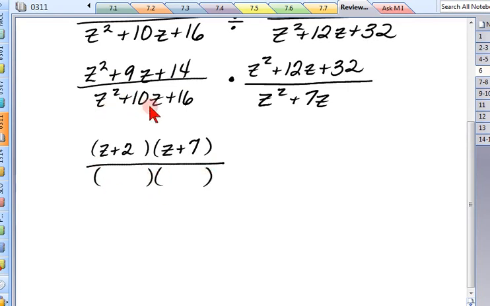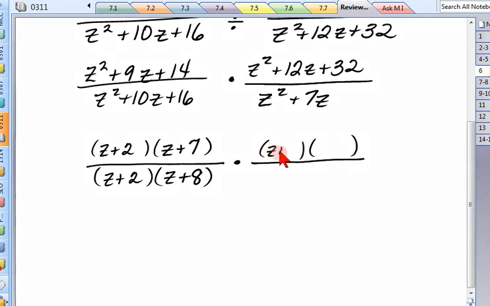Next, for z squared plus 10z plus 16, I'm going to have z plus 2 and z plus 8. Times, numerator of the second fraction, z plus 4 times z plus 8. What about the denominator of the second fraction? Common factor of z? Z times z plus 7.